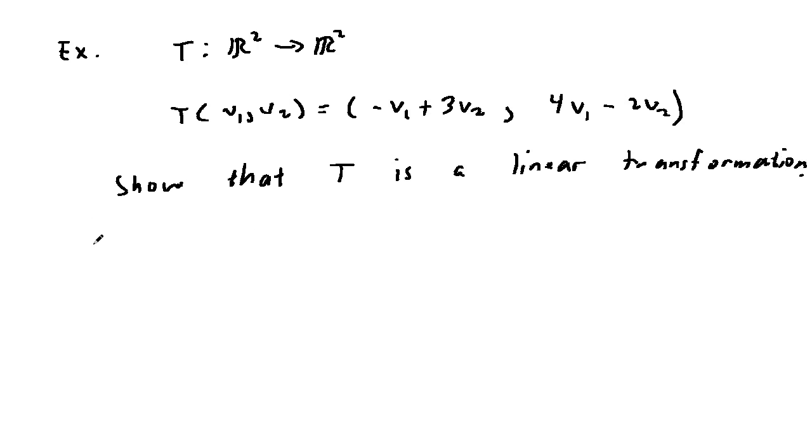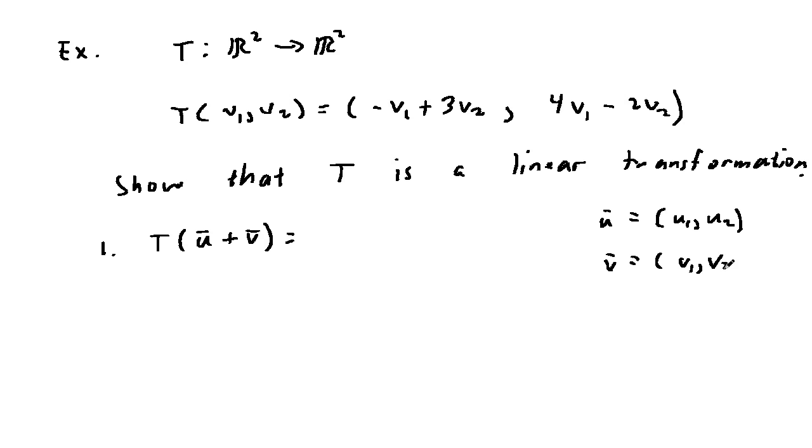Okay, so we have to show those two properties. The first one, T of u plus v. Let's say u is (u1, u2) and v is (v1, v2).